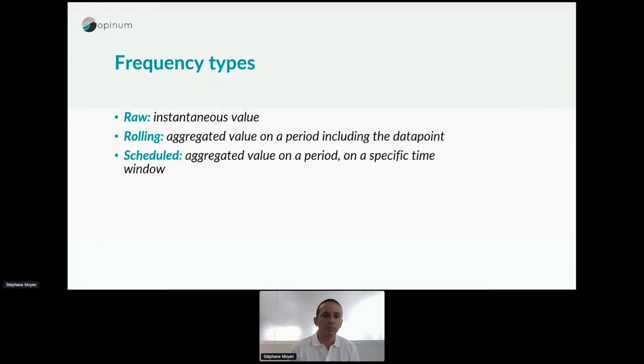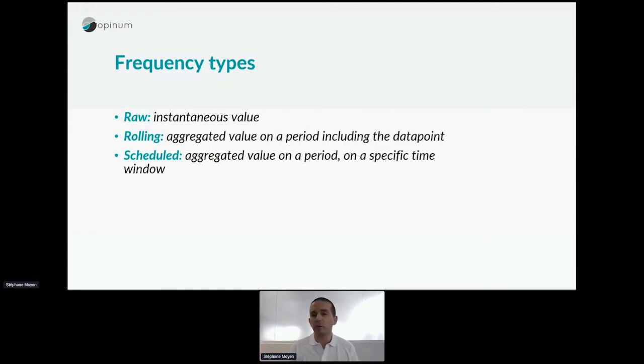You have the rolling frequency type, which is going to be an aggregation of the value on a period, including the data point. So I'm looking at, for example, the average value on the past hour, on the past day, and this value is going to trigger or not the alarm. And last is the scheduled frequency type, which means we're going to aggregate values on a period of time in a specific time window.